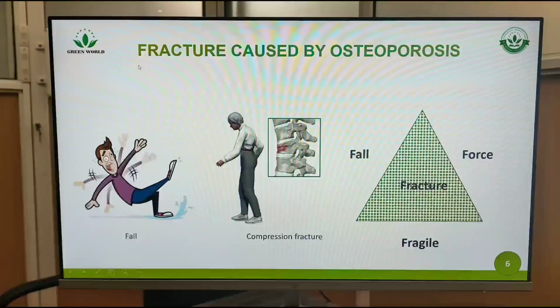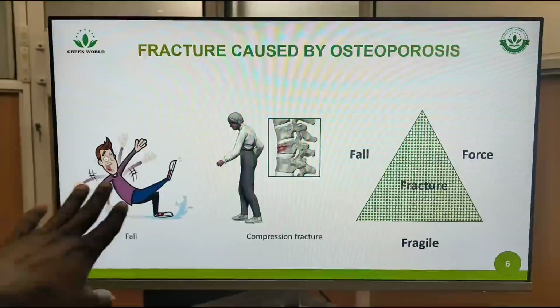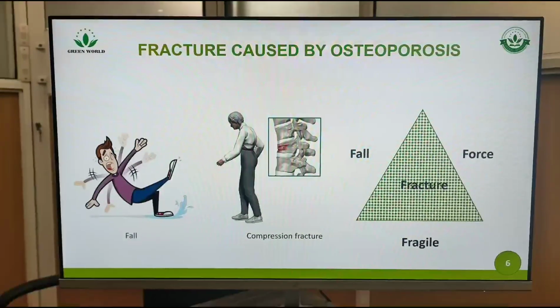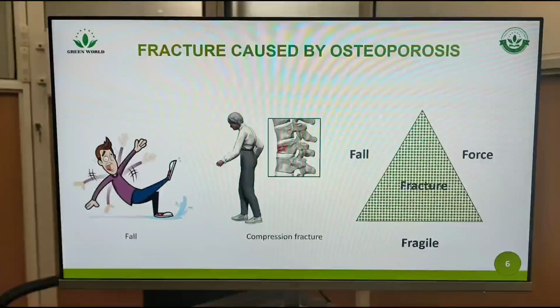Now I want us to take these two serious types of fractures. The left picture on your screen is the femoral neck fracture, and the right one is called the vertebral compression fracture. When you talk about vertebral compression fracture, if you've ever watched a movie called Naked Weapon, movie fans can understand.